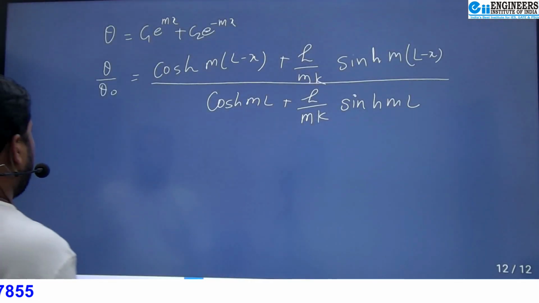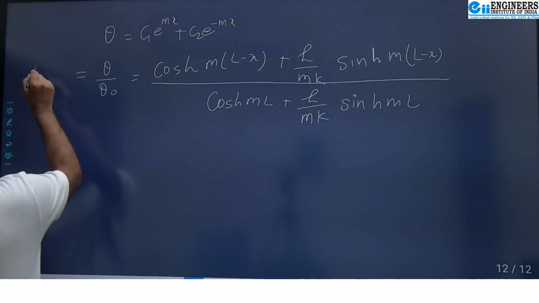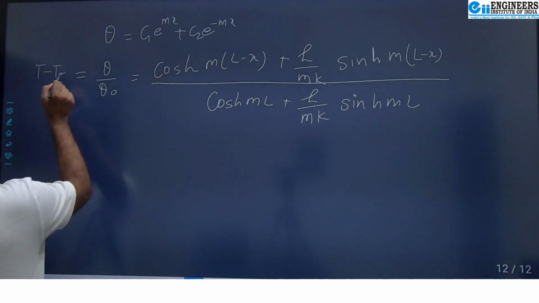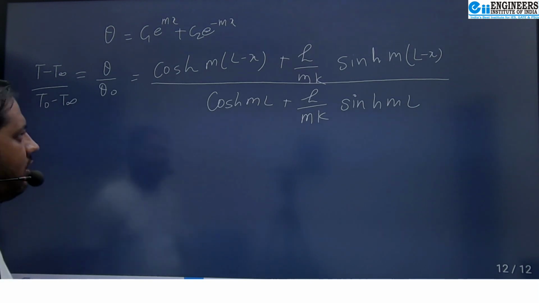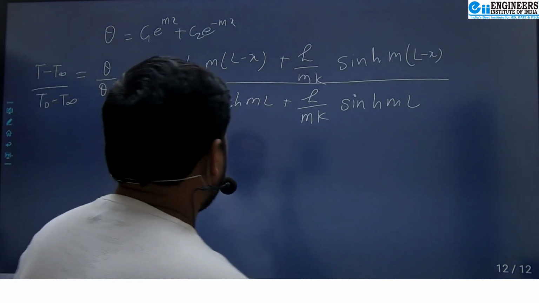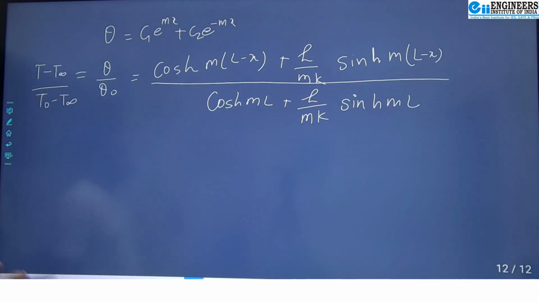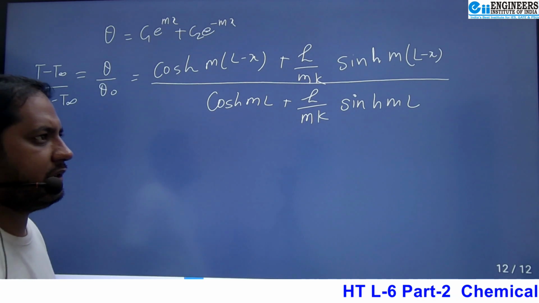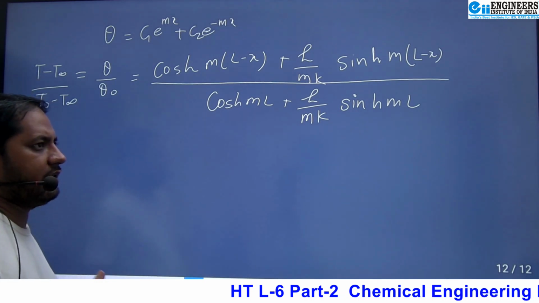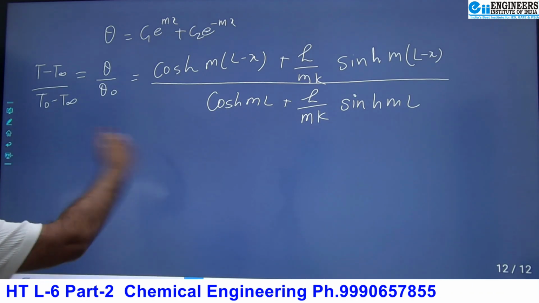This will be our desired expression, that is nothing but (T minus T infinity) upon (T naught minus T infinity) equal to this. So in the case of a finite length fin in which at the end of the fin at x equal to L heat is lost by convection only, it is given by this formula.